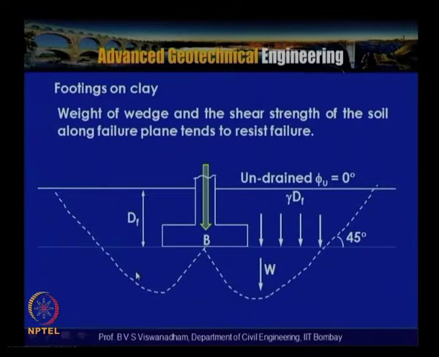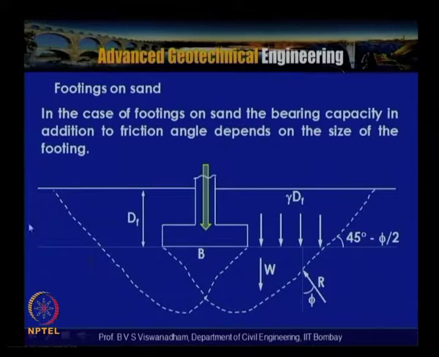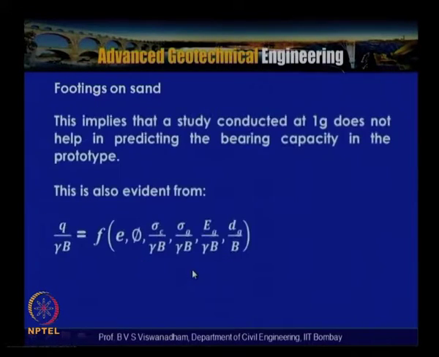When you look at the sand, you can see that the elastic wedge is formed, and the failure plane is shifted vertically down. This is because of the roughness and the friction caused by the surrounding soil, that is the sandy soil, but in case of clay that is absent.